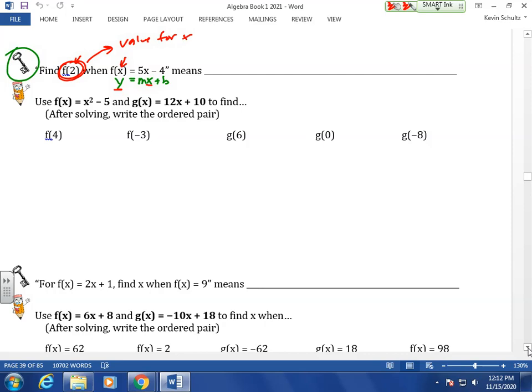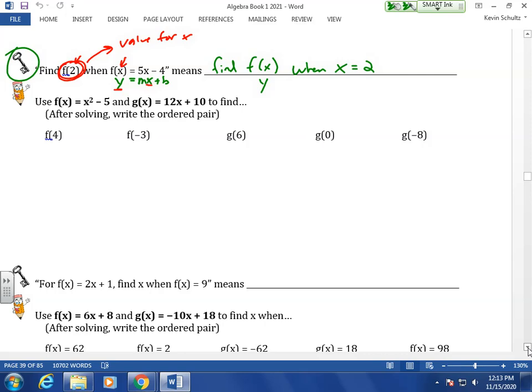In the equation f of x equals 5x minus 4, they're giving you what to plug in for x. So it means find f of x, which remember is just your y-axis value, when x equals 2. Find f of x, or find y, when x equals 2.